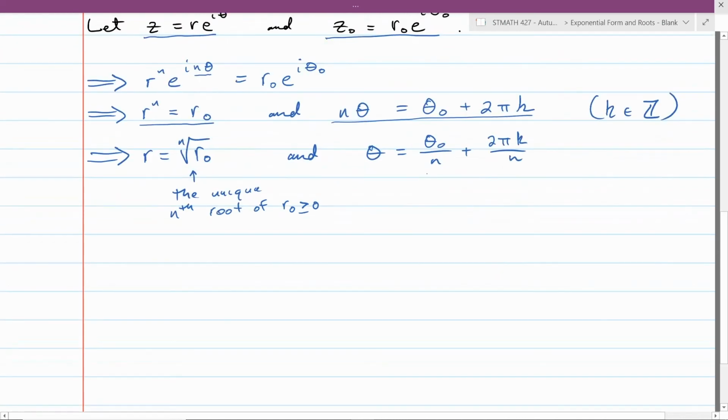So that means that we've just found our nth root. We've solved the equation. The solution is z equals the nth root of r naught times e to the i times that theta, which is theta naught over n plus 2 pi k over n, where k is an integer.